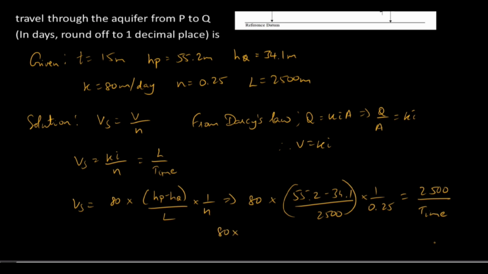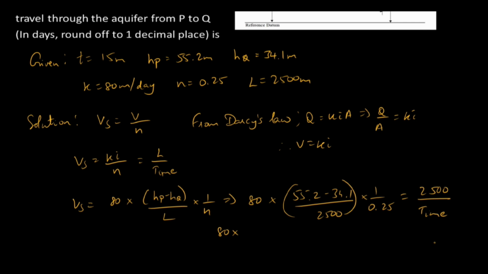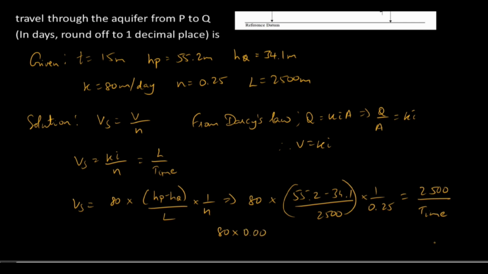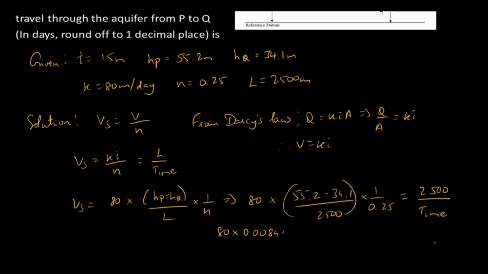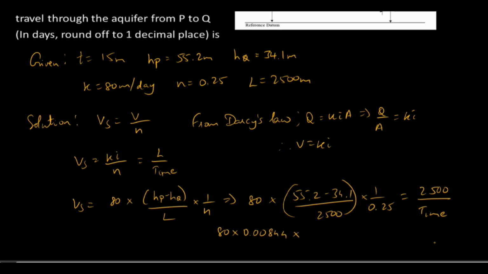If we calculate this one, 80 into 55.2 minus 34.1 divided by 2500, 0.00844, into 1 by 0.25 equal to 2500 by time.